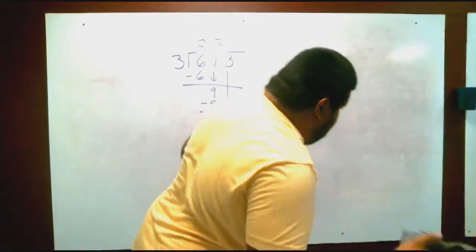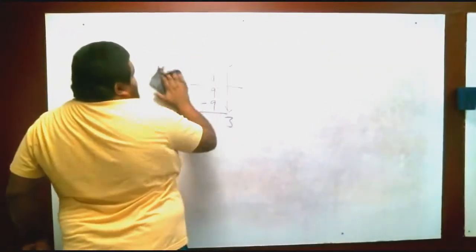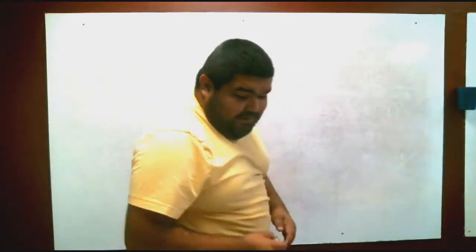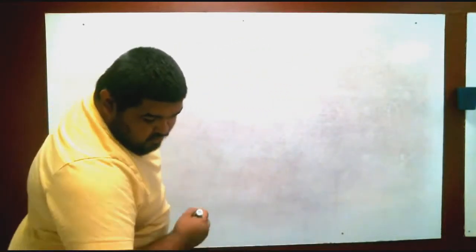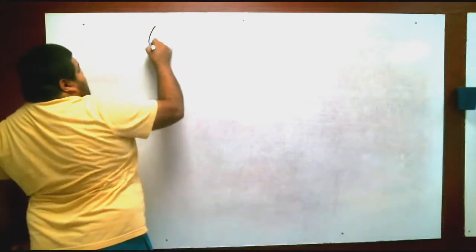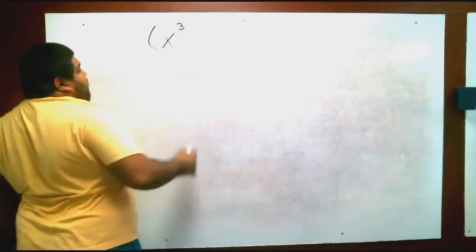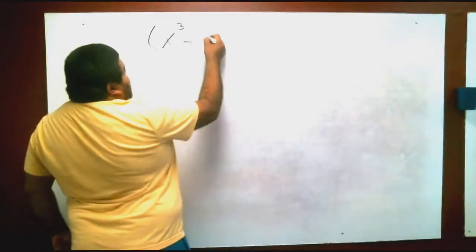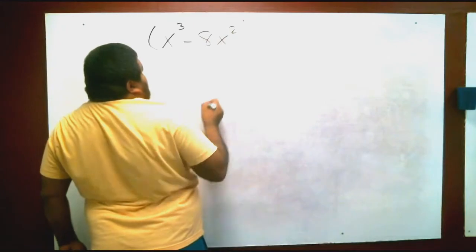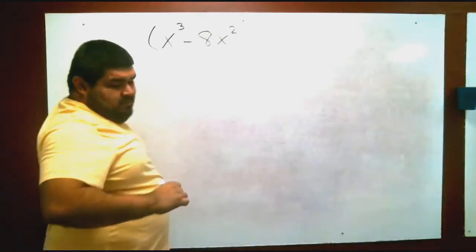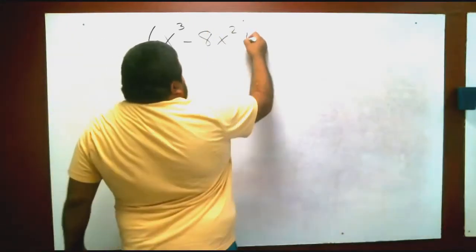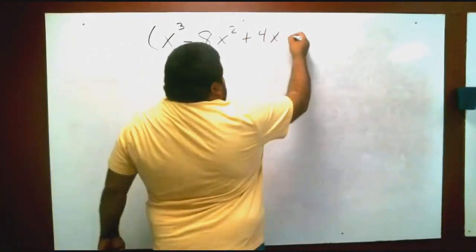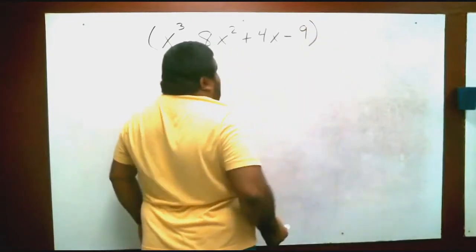So, our example for today is we have x to the third, we have minus 8x squared, okay, plus 4x minus 9, okay?